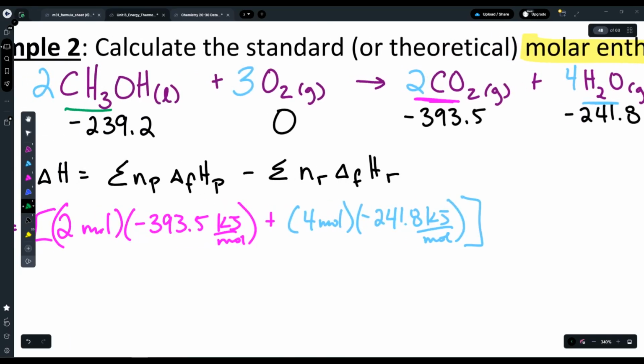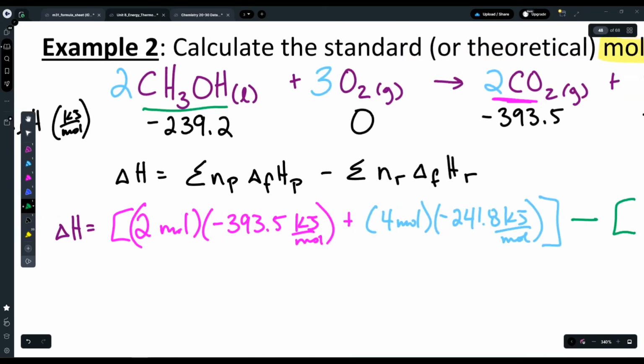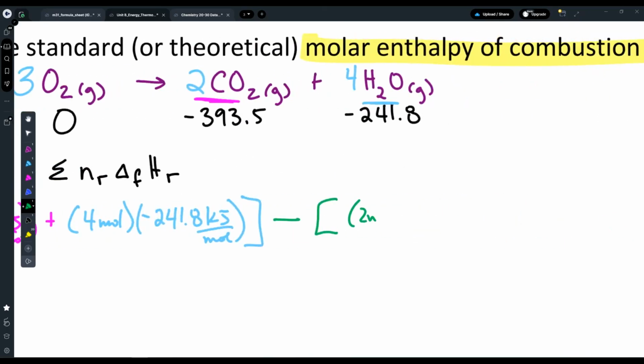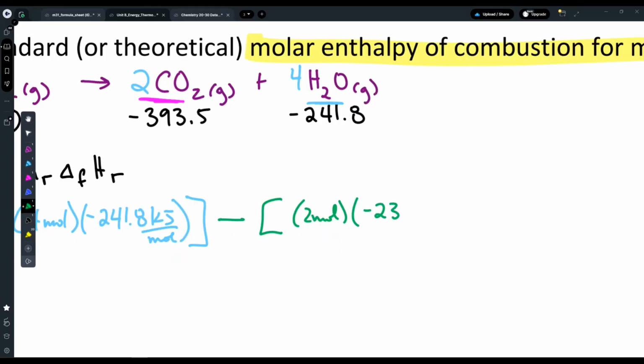Now I'll use green for methanol. So subtract, that comes from here. And we got 2 moles of methanol, and it was negative 239.2 kilojoules per mole.